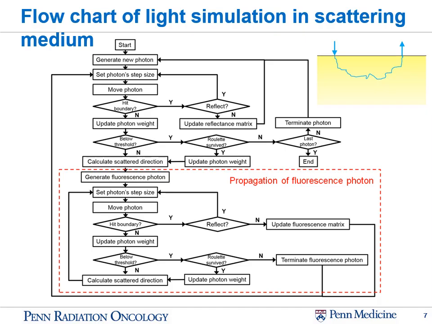Then a new photon is generated, and the process continues until every photon is simulated through the same events as depicted in the top half of the flow diagram above the red dash box.